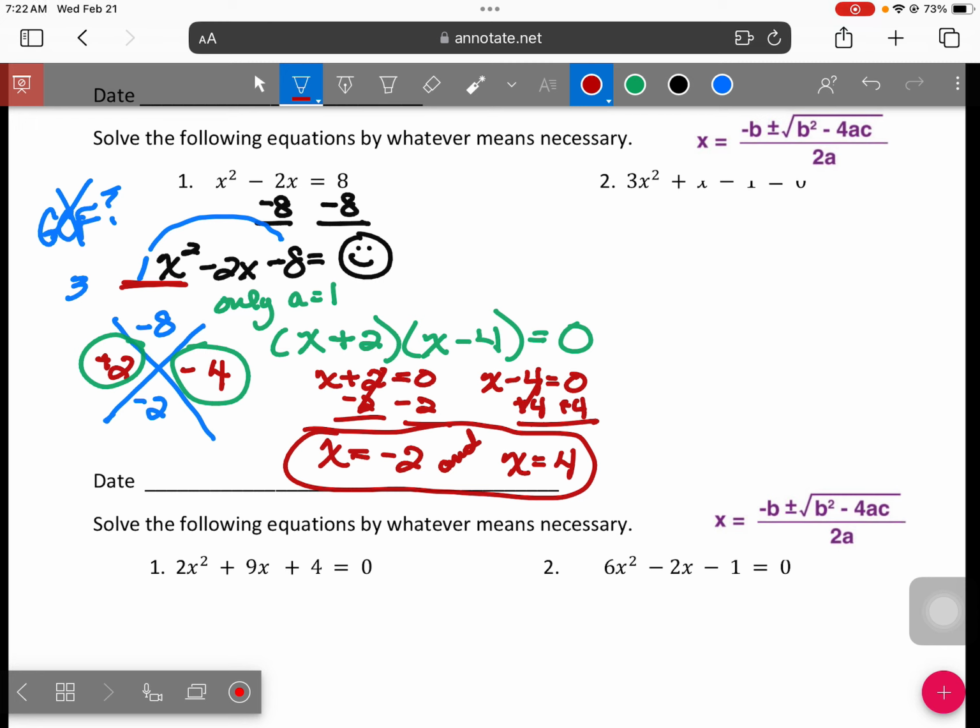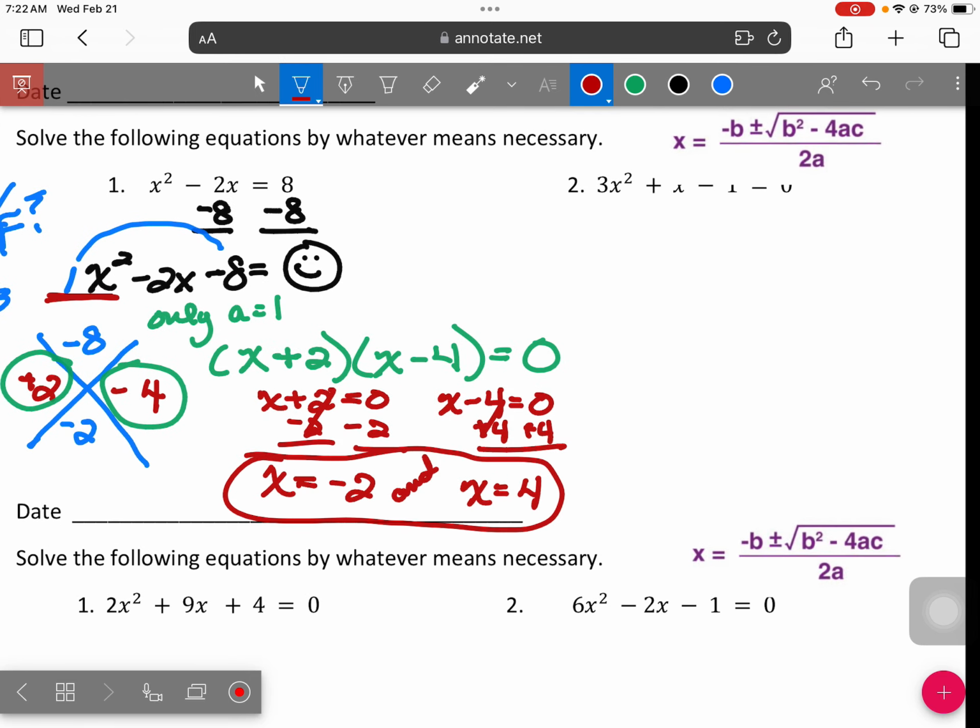All right, number 2, is yours, can you see the whole problem or is yours kind of marked up? What is it? 3x squared plus x minus 1 equals 0? Okay. First of all, first question you want to ask yourself is, is this in standard form?